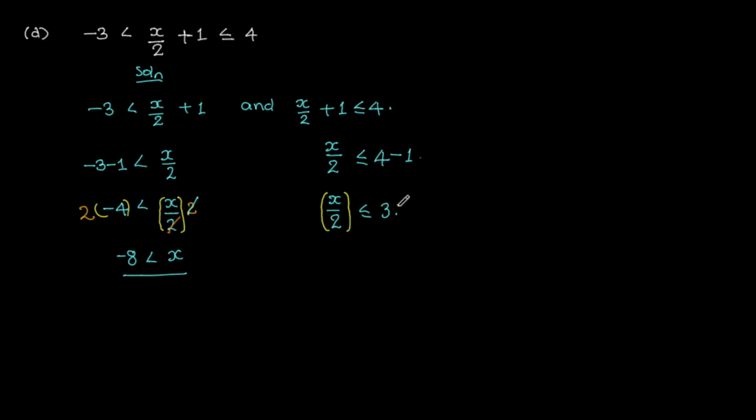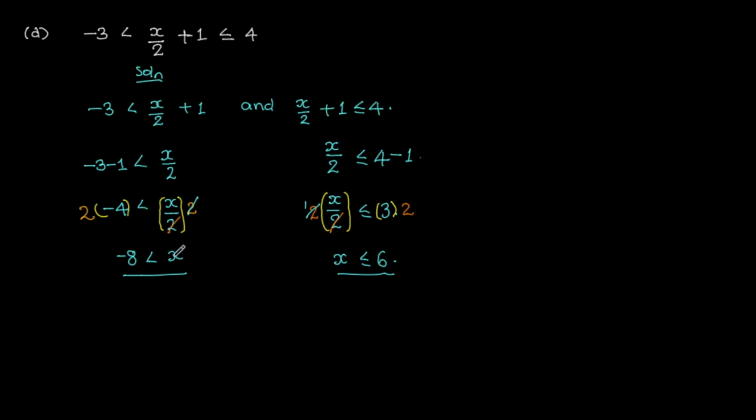So we have our 2 multiplying the left hand side, then of course this is going to cross. Then this one is also multiplying the right hand side. So we can cross this to 1, and you write the remaining term here, which is x is less than or equals to 6. So this is the second solution for the inequality on the right.